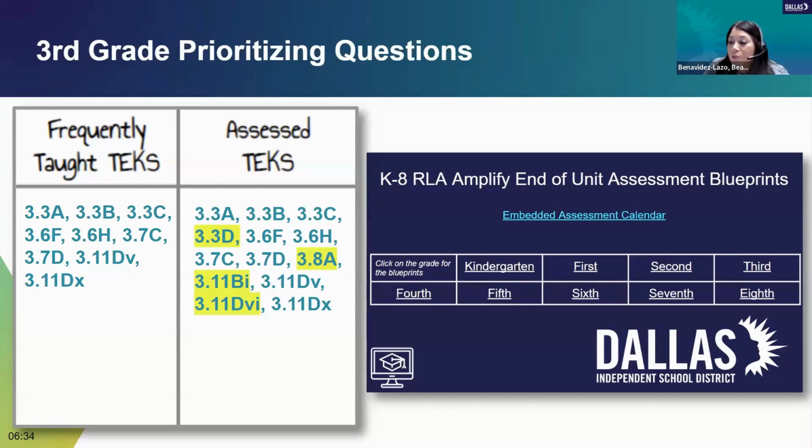This is important because we want to make sure that our assessed TEKS are being hit, that we are prioritizing any question that's coming from our assessed TEKS. But we also don't want to ignore our frequently taught TEKS, which helps us know that, okay, even though they didn't hit it the first time, I see it's coming up in 2 more lessons. So that will help me as I prioritize which questions I want to ask now.